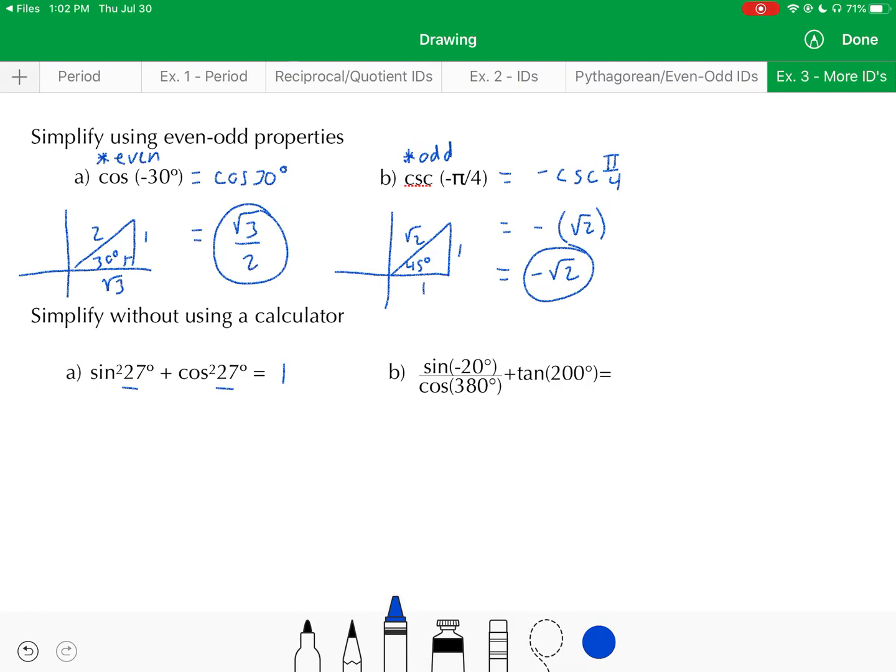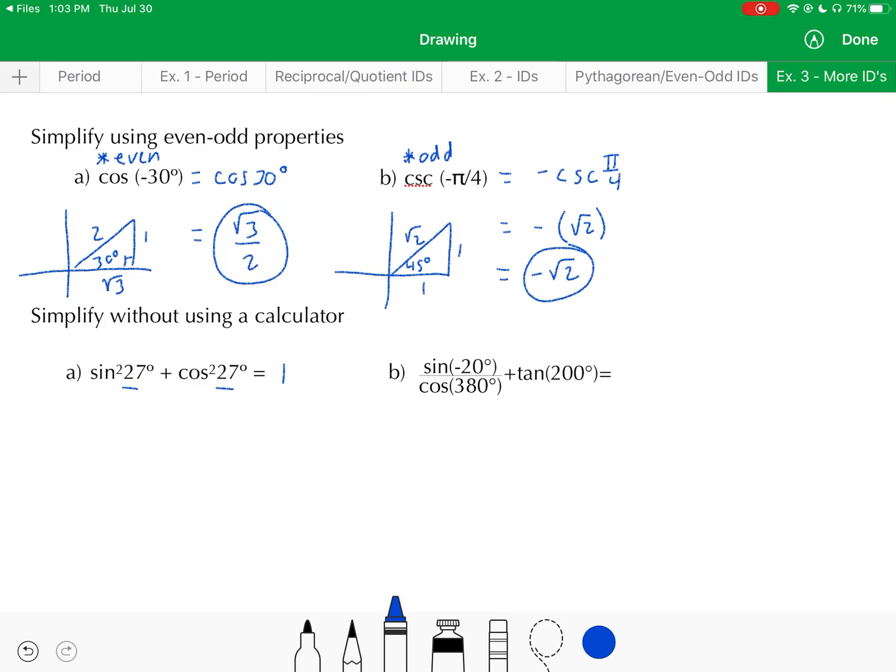All right. Now, the second problem has a lot of identities that can be used here, okay? So we have sine of negative 20 degrees over cosine of 380 degrees plus tangent of 200 degrees, okay? What I don't like right now is that the angle measures for each of those functions are all different, okay? But I can use some period properties to make those actually all the same, okay?